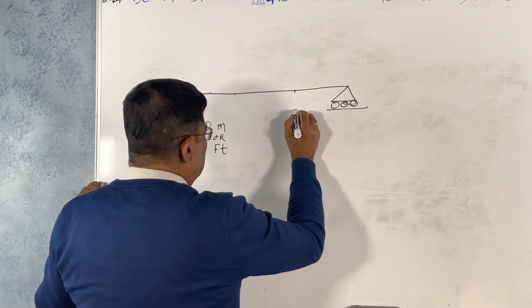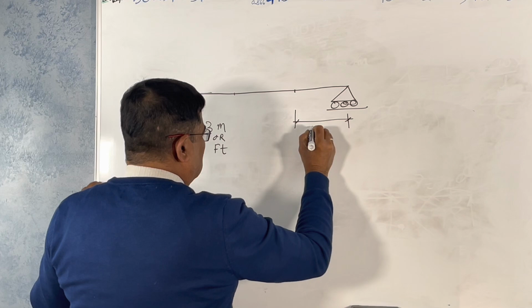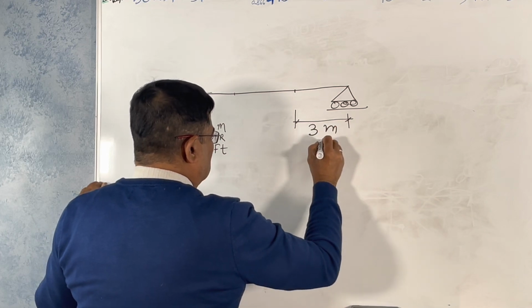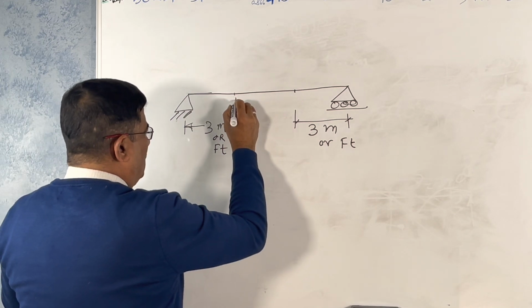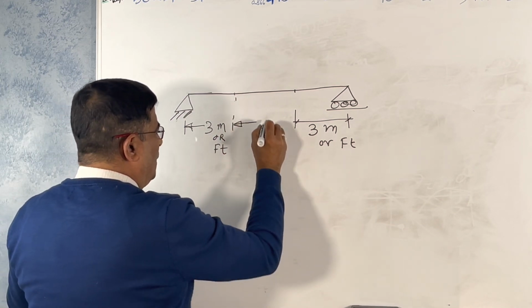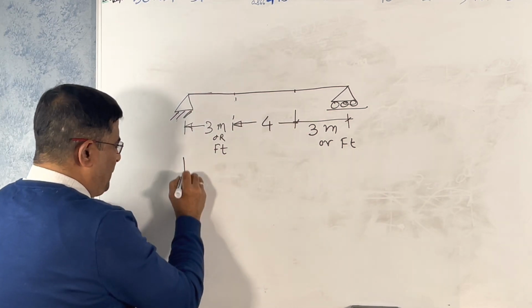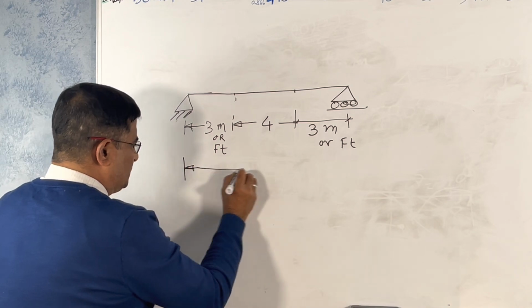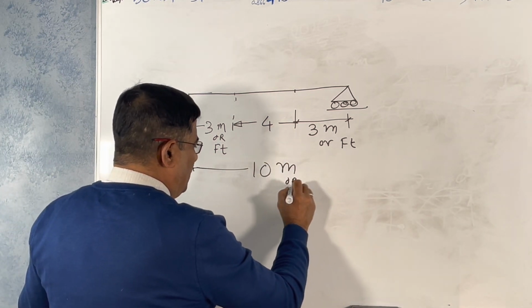Here also 3, and this part is 4. Total span is 10 meters or feet.